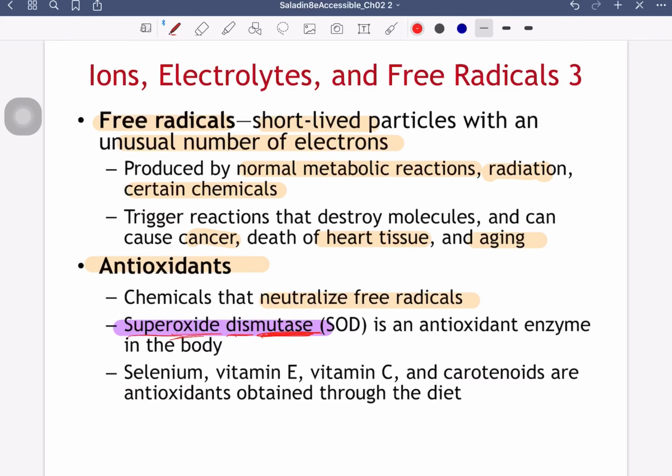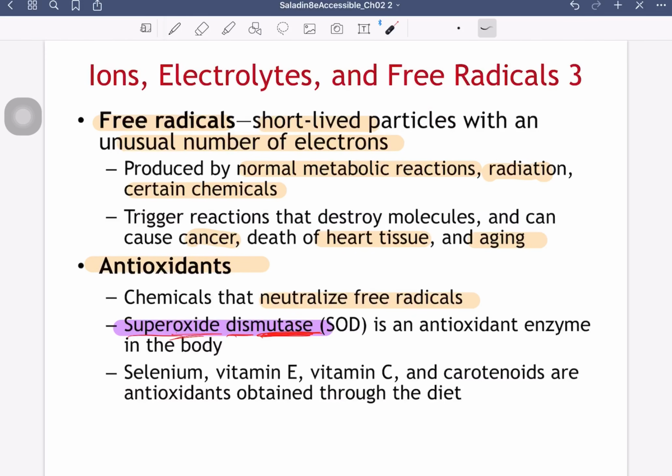And of course, as soon as I see the ending "ase," it's like a cheat sheet that I'm looking at an enzyme. So we have enzymes that act as antioxidants, like superoxide dismutase. Dismutase suggests that it helps to prevent the mutation effect.